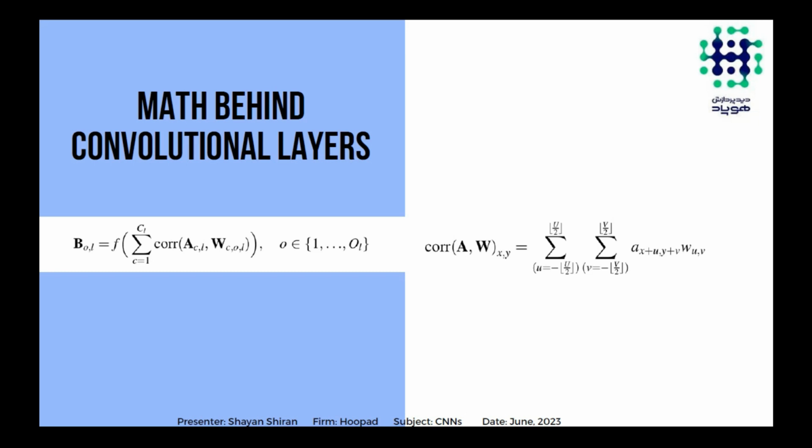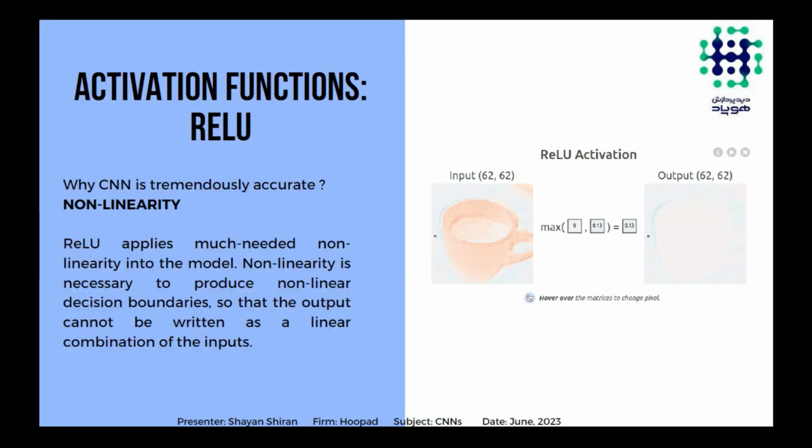Deeper Things is a framework used for distributed CNN, and for convolutional layers they usually use cross correlation. You can see the formula here, and you can see the cross correlation formula here. I will go on to the next slide.